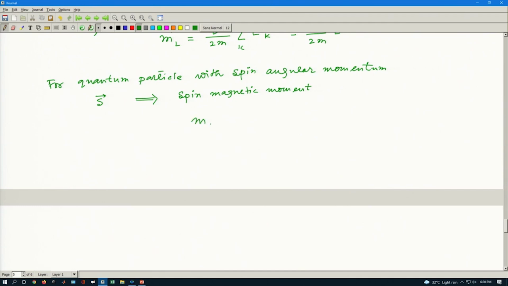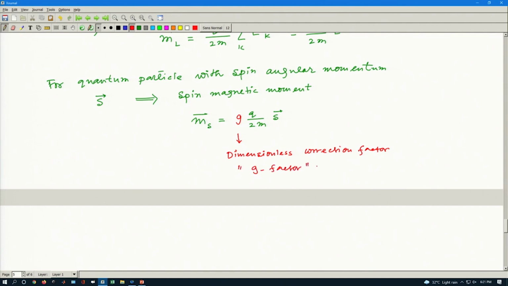The spin magnetic moment can be defined as q divided by 2m times S, like before, but we have a very important factor here, g, which is called the dimensionless correction factor, or g factor.